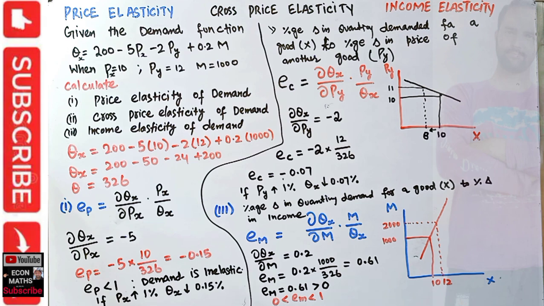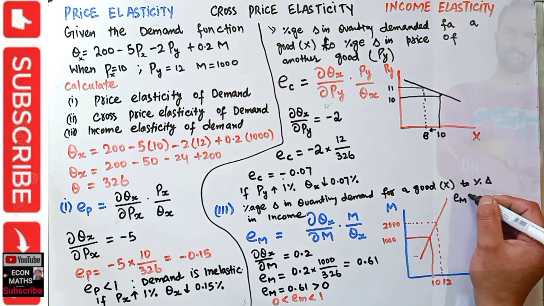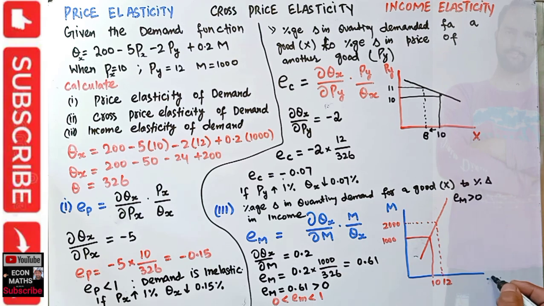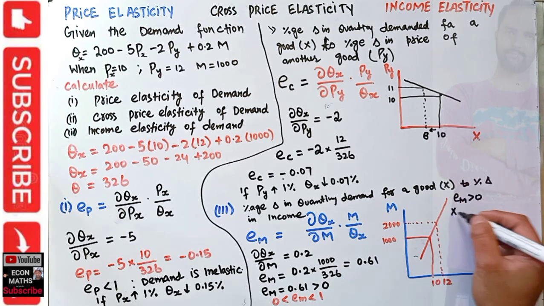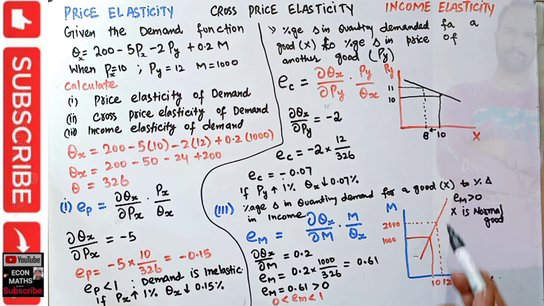Okay, so in this case, let me write it here, when income elasticity is greater than 0, it implies x is normal good. Normal good. Okay, that means there is positive relationship between the income and the quantity demanded. That is being corroborated by this line.